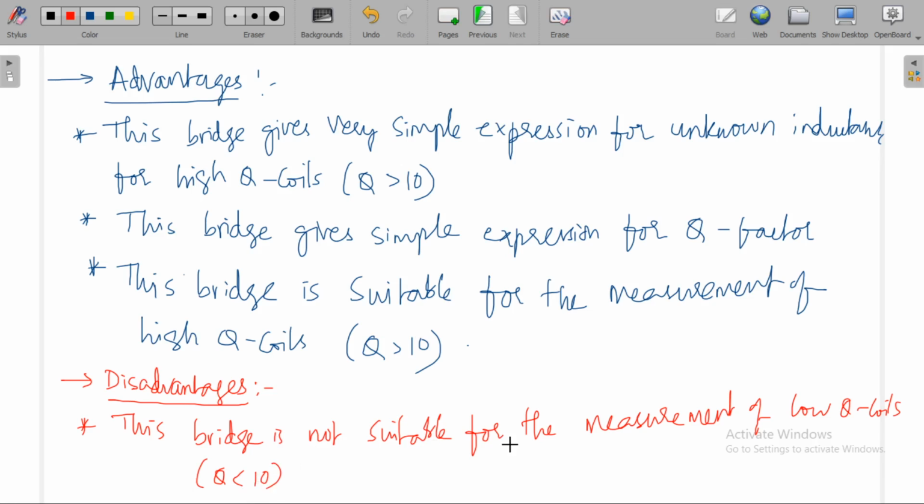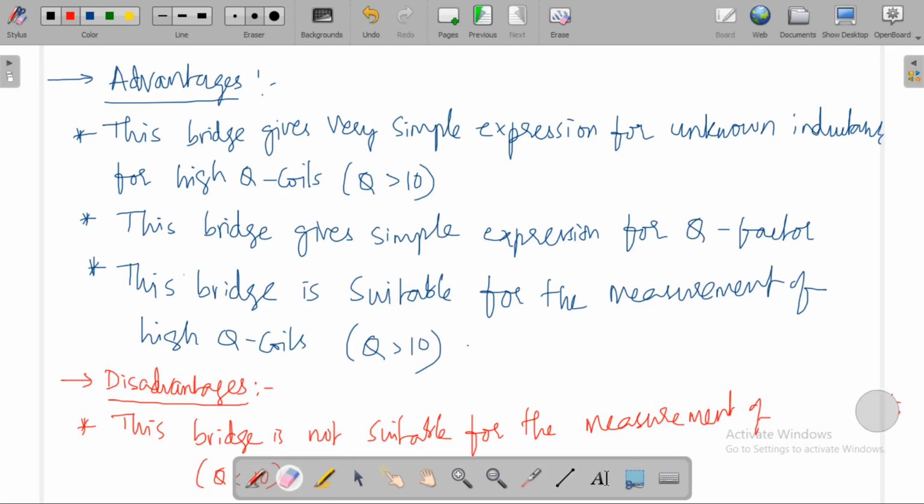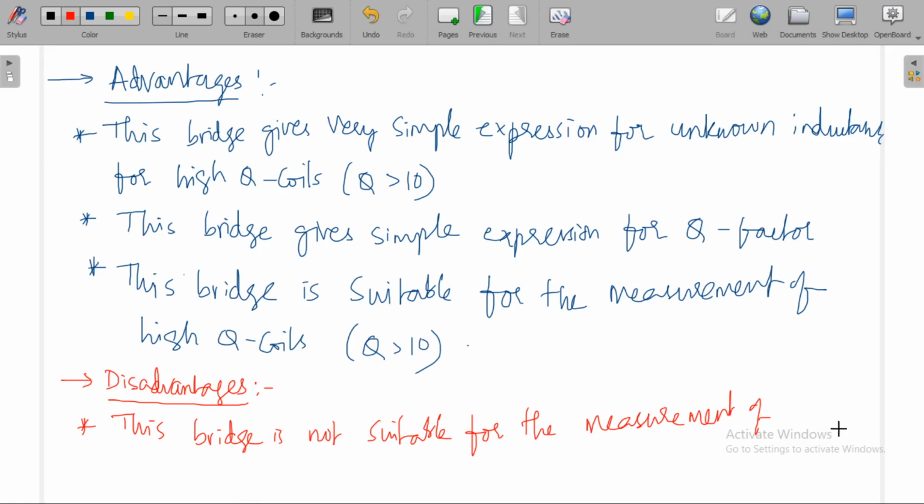This bridge is not suitable for the measurement of coils having Q less than 10.